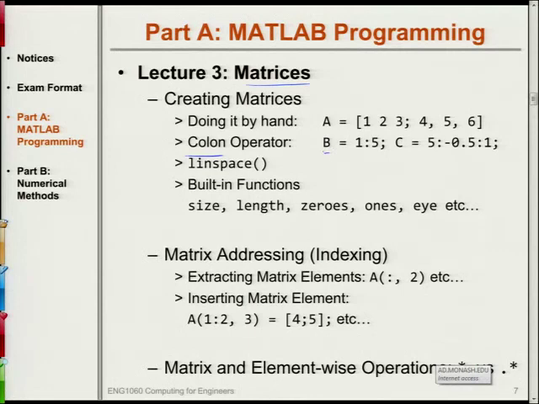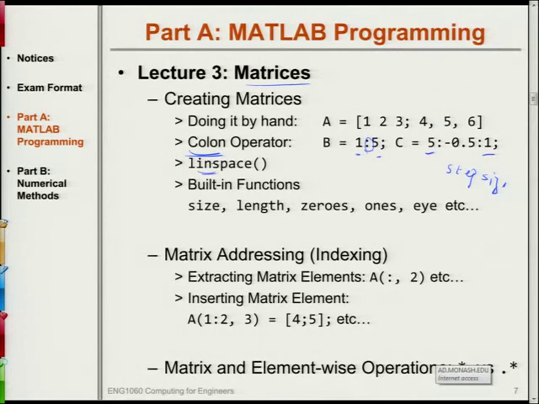For example, we put a starting value, an ending value, and separate them with colons. In between we normally put the step size. If there is no step size, like starting from 1 and ending at 5, the default is 1.